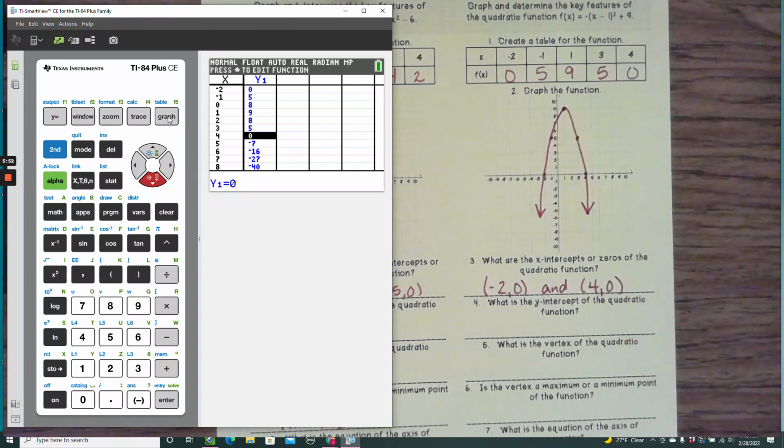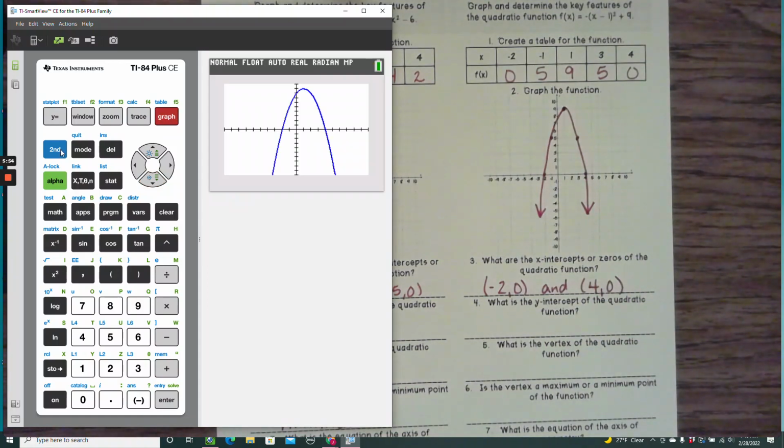And again, in your calculator, you can go to graph, second trace 2, and kind of estimate where those points are. So in between here and here, we can take a guess somewhere in there, and it tells me here's my -2, 0. And then I can do the exact same thing over on this side of the graph.